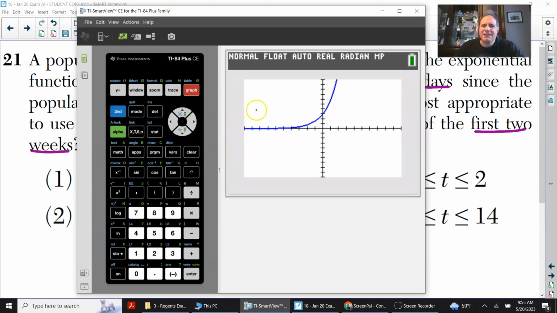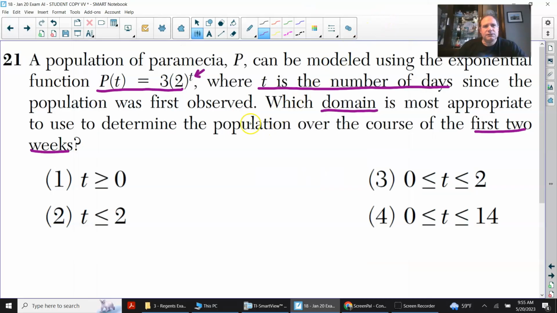All right, so now the domain, just take a look at the domain, and it says the first 2 weeks. So what is the t going to be? Oh, it's going to be first 2 weeks, 0 to 2. But what does t represent?